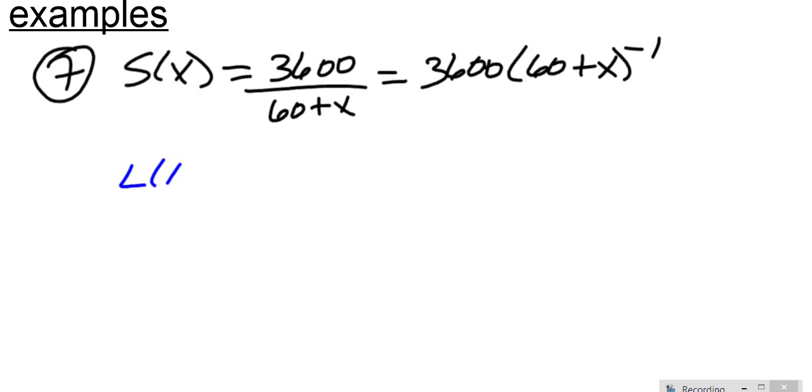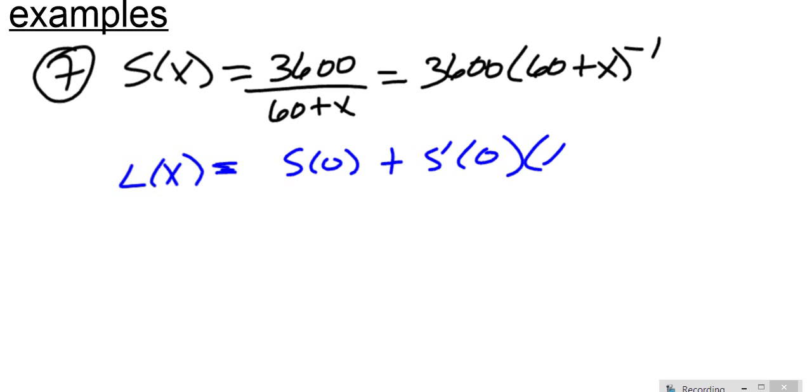So L of x, when it was approximated near 0, is s of 0 plus s prime of 0 times x minus 0, which ended up being 60 minus x. This is from the textbook example 1.